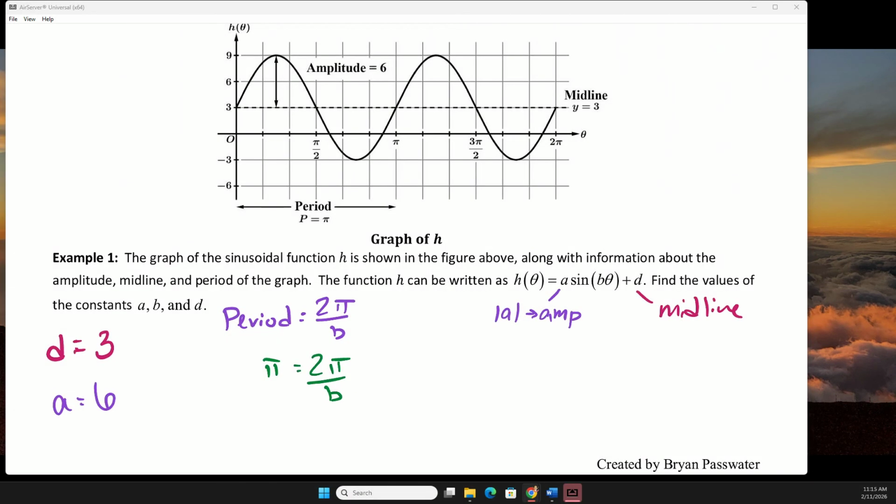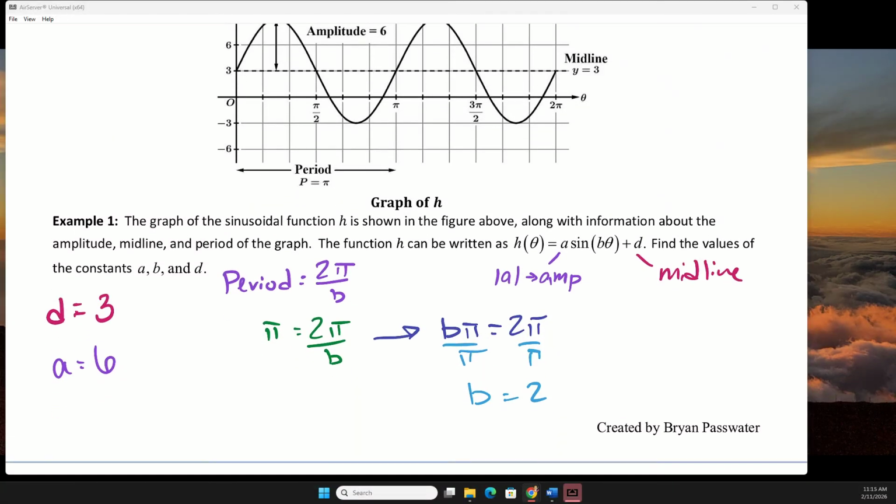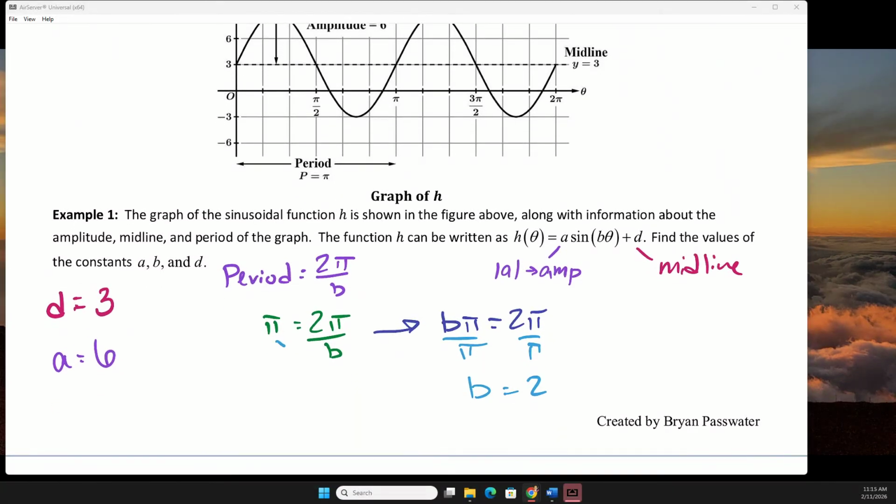Say it again. Multiply b on both sides. Okay, that's the algebraic way, and we'll do that. So we're going to multiply by b. And then what would you do to solve it for b? Divide by pi. So b is 2. That's the algebraic way. Let me show you the quick way. So when you have a situation like this, which you will over and over and over today and tomorrow as we do these problems, you can just switch.